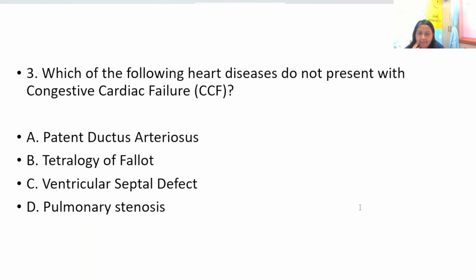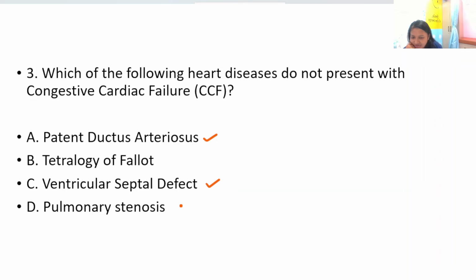We all know this. Which of the following heart diseases do not present with congestive cardiac failure? Your options are PDA, Tetralogy of Fallot, ventricular septal defect and pulmonary stenosis. So PDA and ventricular septal defect, if the defect is large left to right shunt, so these are two known causes of CCF.